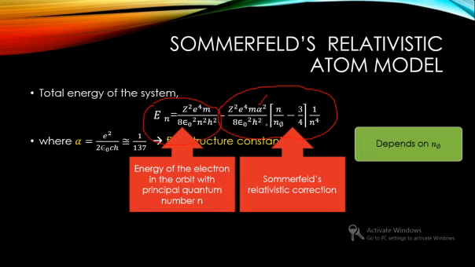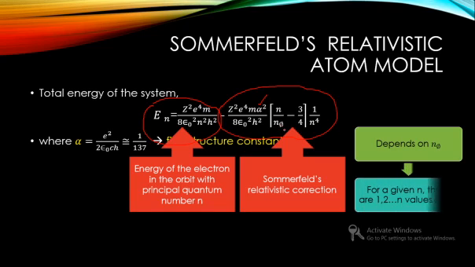This part includes one more quantum number, n_phi, and from the Sommerfeld atom model, for a given value of n, there would be 1, 2, 3, up to n values of n_phi.